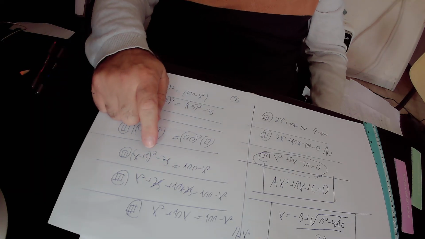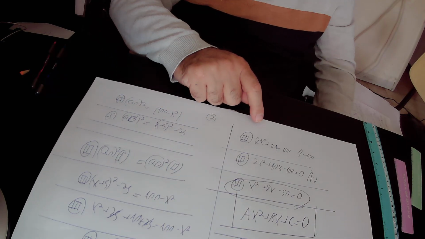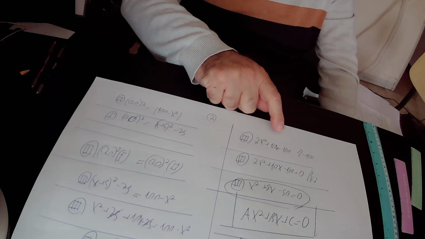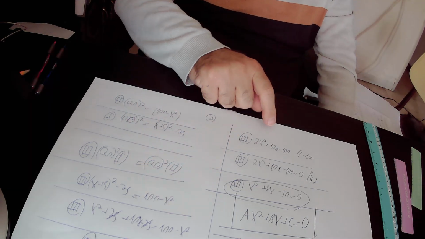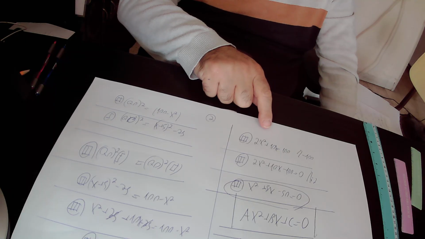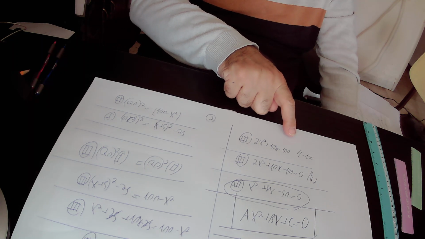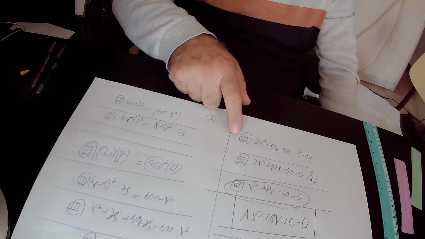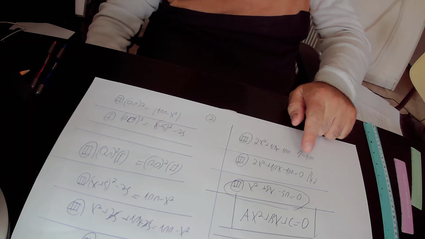Here we add x squared to this equation, equation 3, and found out that according to equation 3, x squared plus x squared is 2x squared plus 10x. Then we substitute 100 for this equation. 2x squared plus 10x equals 100. Here we subtract 100 from this equation. And so I found out that according to equation 3, 2x squared plus 10x minus 100 equals 0.